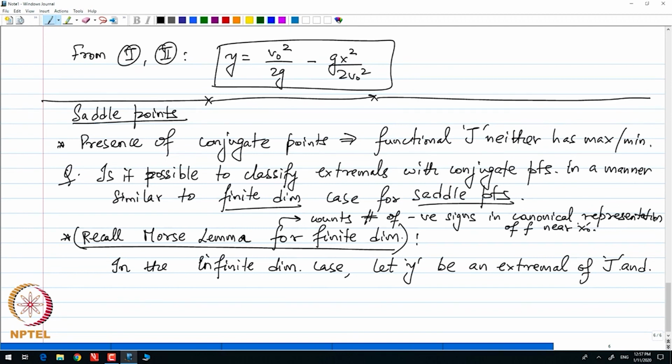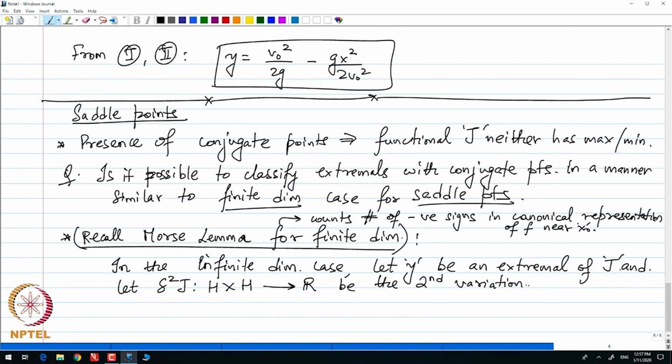Let me call this vector space or the Hilbert space as H. And let us define my second variation del square J from the Hilbert space H cross H to R to be the second variation. Okay.